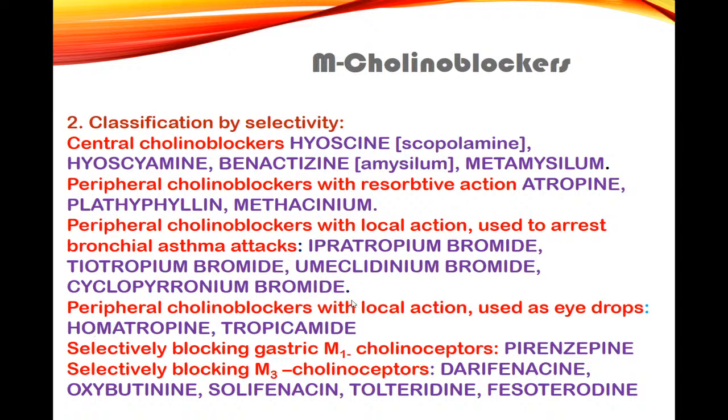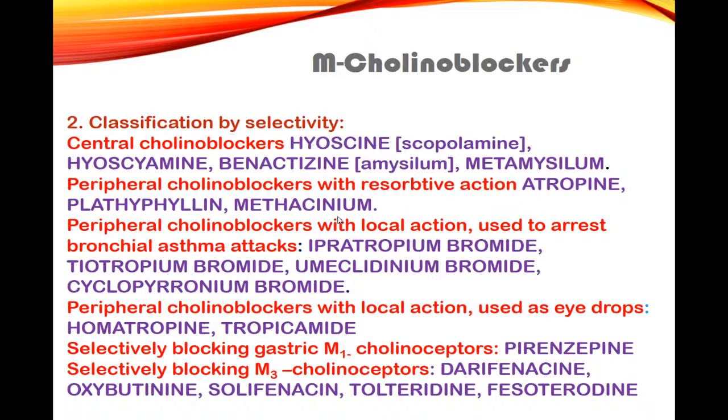Peripheral cholinoblockers with local action are also used as eye drops. These agents are produced in the form of solution for eye drops. Homatropine and tropicamide should be used only for the eye. But for the eye, we also can use atropine solution, hyoscine solution, platyphylline solution, in principle.